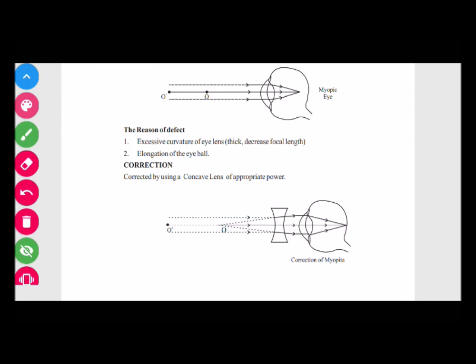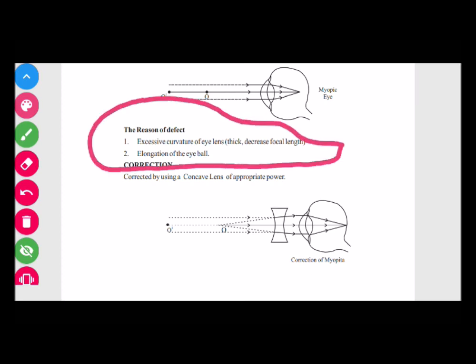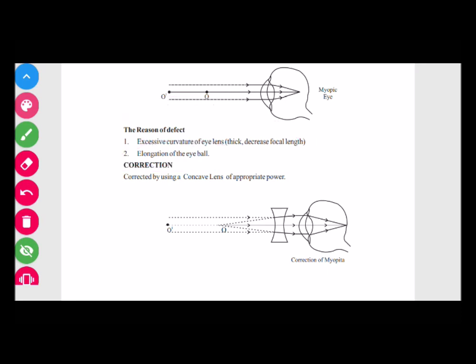We can see the nearby objects clearly, but it is difficult to see the faraway objects. And when such a question arises, this is your answer. What is the reason for myopia? The excessive curvature of the eye lens or elongation of the eyeball. Don't forget. Okay. How can we correct myopia? By using which lens? A concave lens of appropriate focal length.